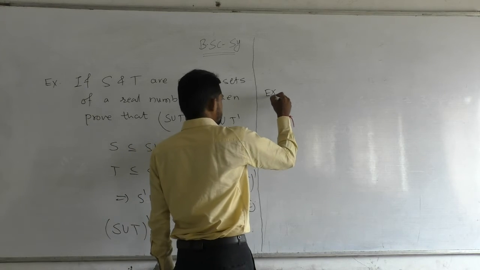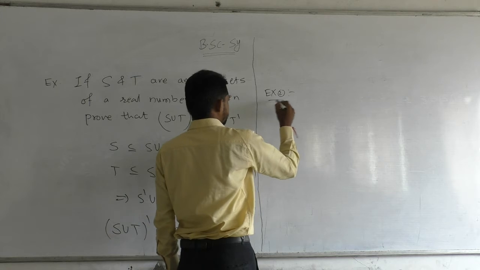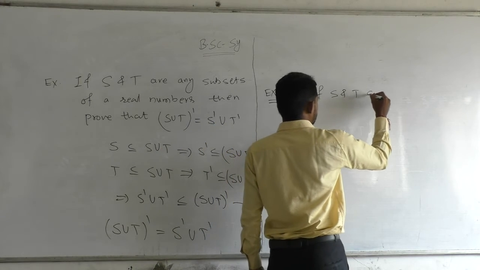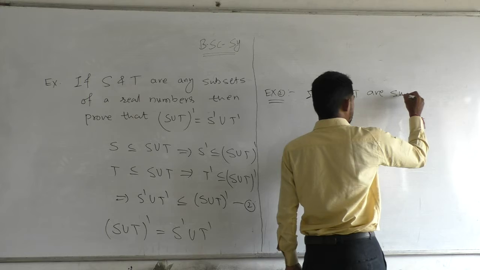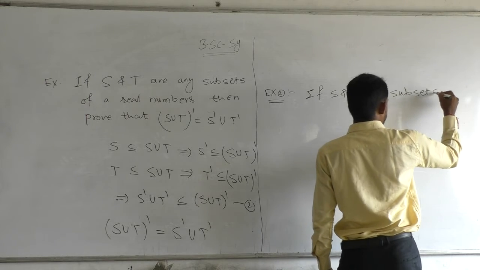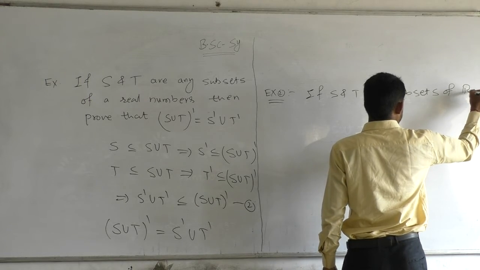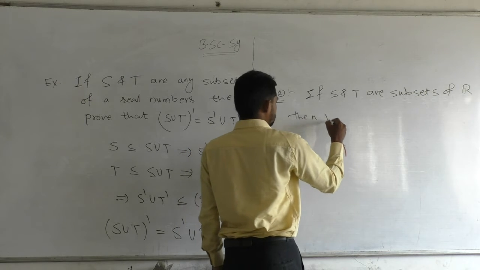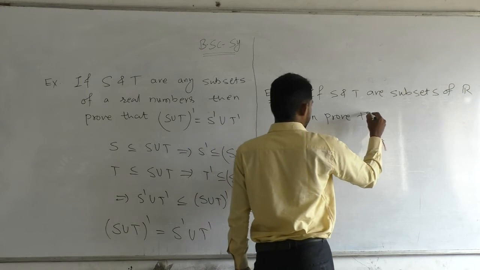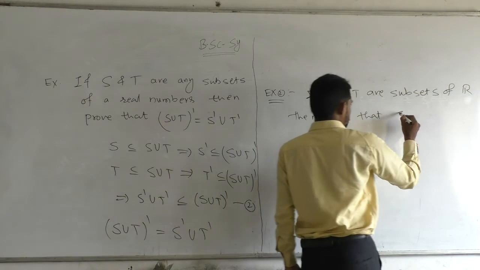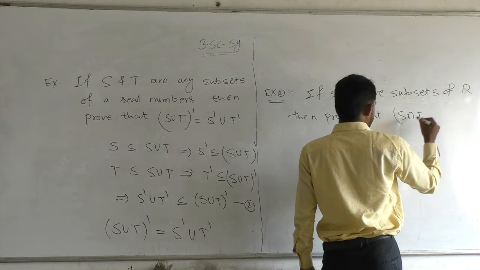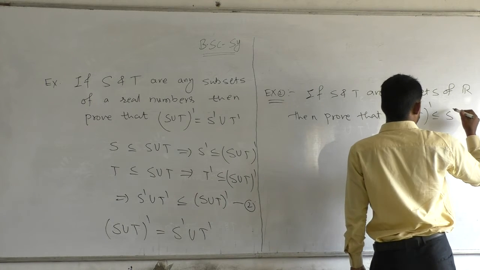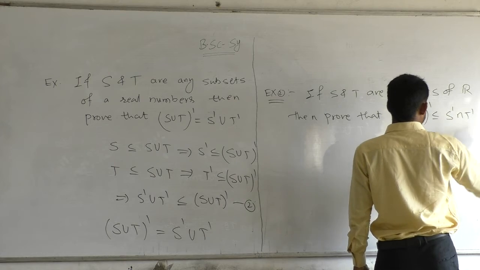Now the second example. If S and T are subsets of the set of real numbers, then prove that the derived set of S intersection T is contained in S dash intersection T dash.